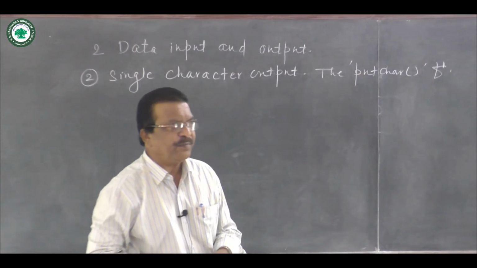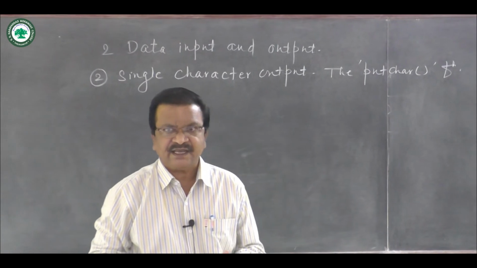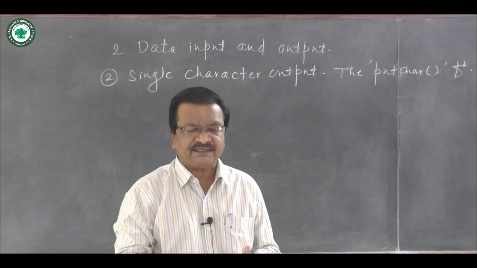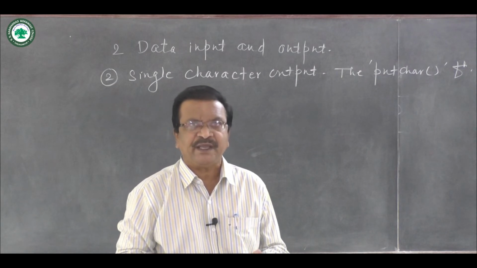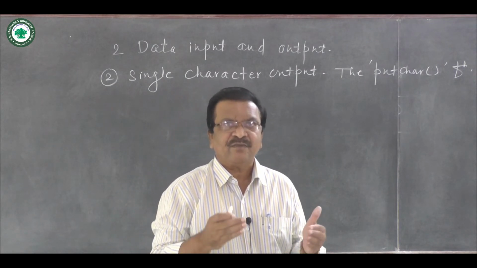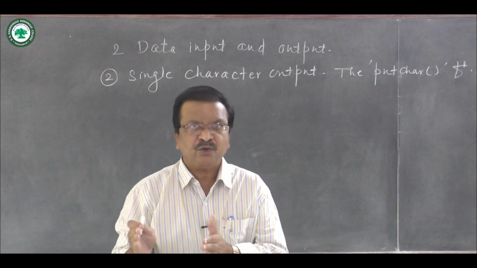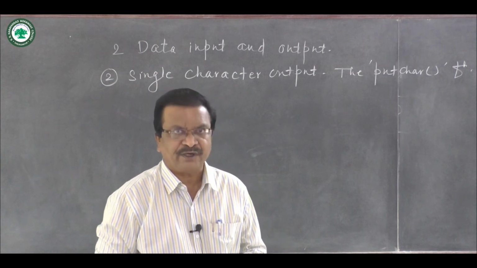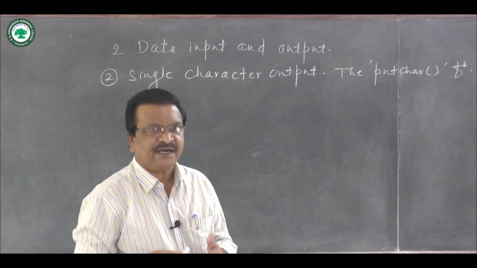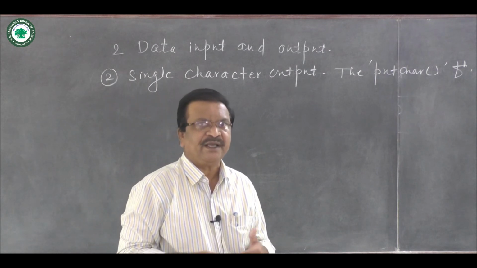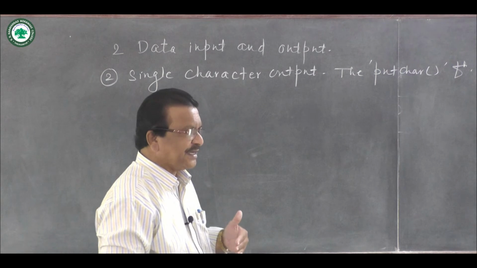This function is complementary to getchar. Just like getchar is used to enter a single character, putchar is used to output or display a single character from the computer's memory onto an output device such as monitor. It is again a part of the standard C input-output library.